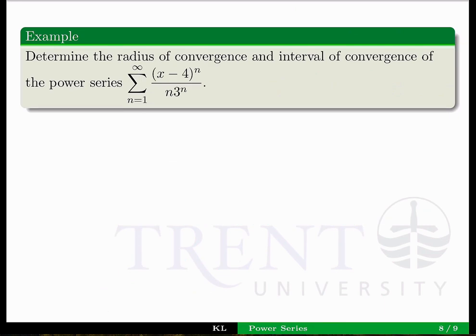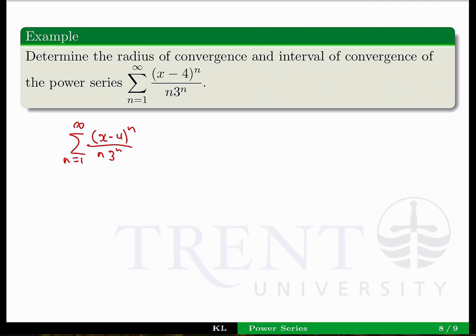Now, for our last example for this set of slides, we have the following. If we look at this, we have the series x minus 4 to the n over n 3 to the n, from 1 up to plus infinity. Because there is a denominator n, you can only start at n equals 1.